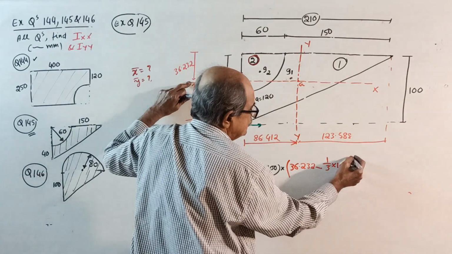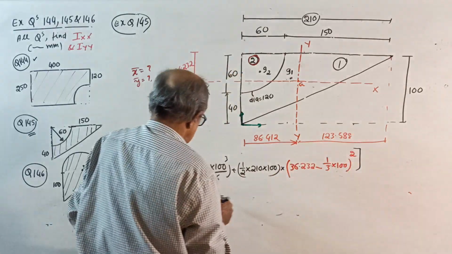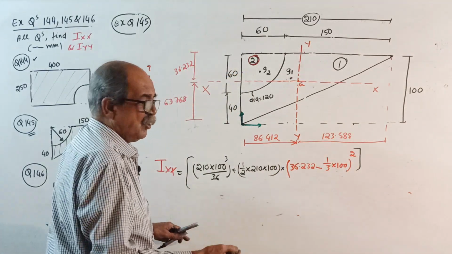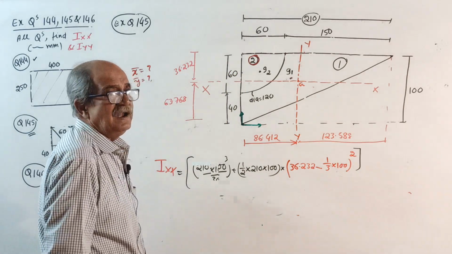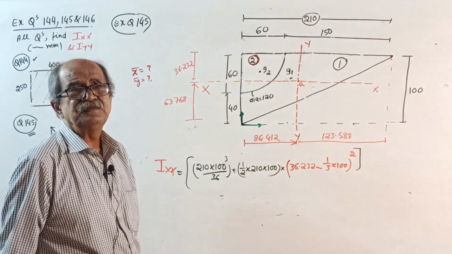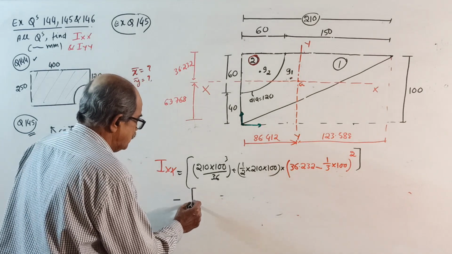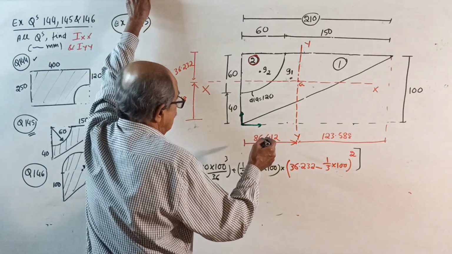This all over thousands of times. Okay, this is IXX power 1. If you want, write next IXX power 2 or continue. If you write separately IXX power 1 and IXX power 2, then you write IXX power 1 minus IXX power 2. Or you can write here minus. Only 2 means not required.